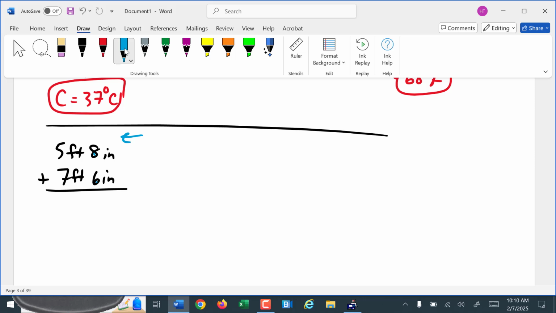What's 8 plus 6? 14 inches. That, of course, is bigger than a foot. It breaks down into 1 foot and how many inches left? 2. Good. So, again, just like any other operation, we keep part of it and carry part of it. We keep the 2, we carry the 1 foot. 1 plus 5 plus 7 is 13 feet.